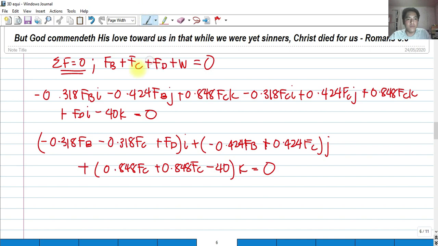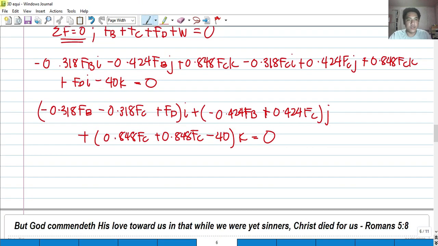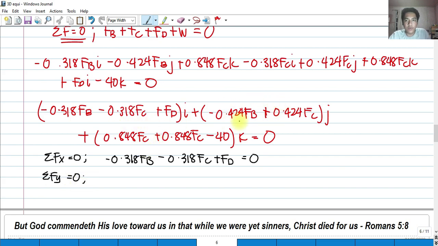So we need to solve the forces F_B, F_C, F_D. According to our equations, summation of forces along x equals 0. So equation 1 would be negative 0.318 F sub B minus 0.318 F sub C plus F sub D equals 0. Summation of forces along y is the second equation, in j: negative 0.424 F sub B plus 0.424 F sub C equals 0.